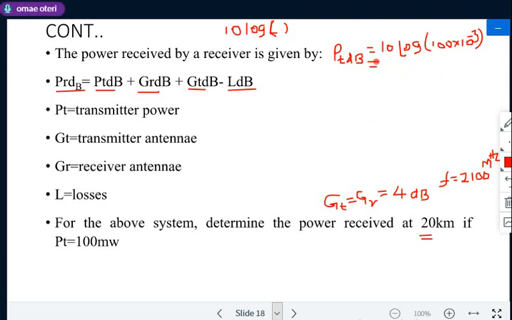So the transmitted power in decibels will be given by negative 10 dB. That is when you calculate. That's what you're going to get.